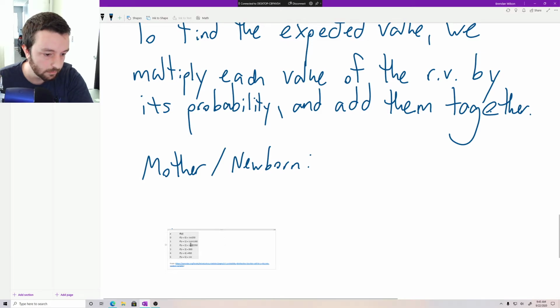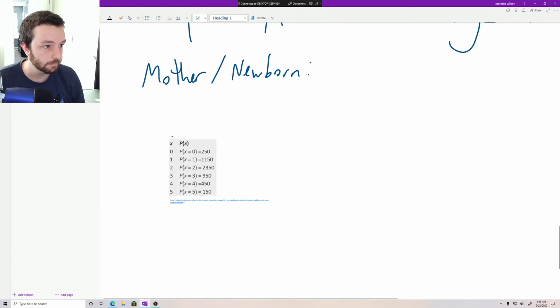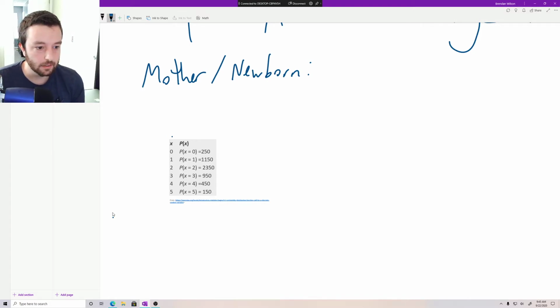Fix it here. Okay. So we want to take the values and multiply them by the probabilities.